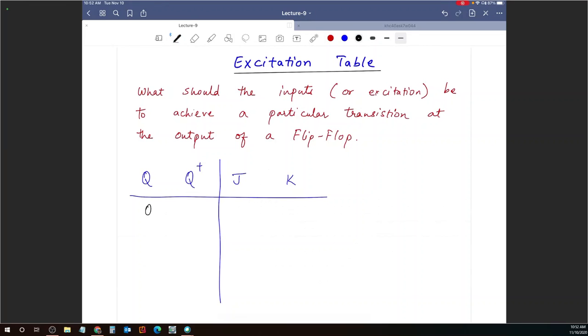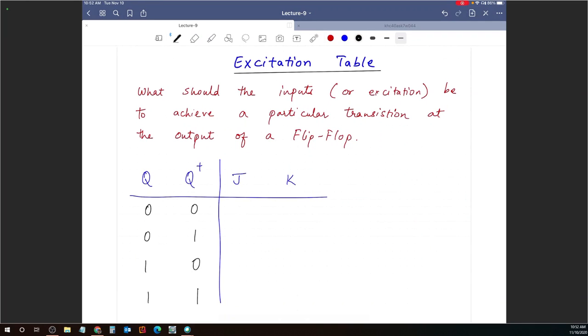Brilliant. 0, 0, 0, 1, 1, 0, 1, 1. So your 4 desired transitions at the output could be: it was 0, continues to be 0; it was 0, it changes to 1; 1 to 0; 1 to 1. Now the question is, what should I give over here in order for that transition to happen?